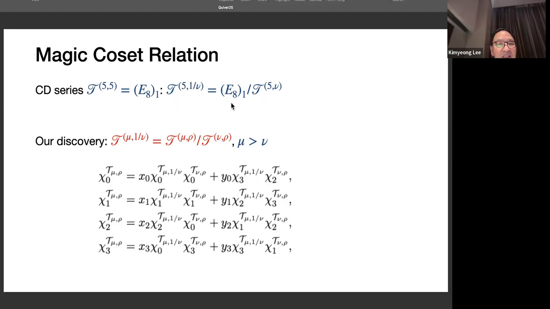Now we discovered that this can be generalized to arbitrary combinations. So suppose we have 2 theories, and suppose one of the indices is the same, rho, and the others are mu and nu, and mu is bigger than nu. Then when you mod out, this theory is equal to the theory with mu and 1 over nu coordinate. So that leads to a nice relation between characters, with coefficients x0, x1, 2, 3, and y0, 1, 2, 3 being integers.